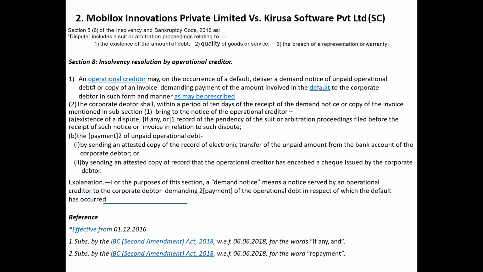So the first question is, suppose no suit has been filed and no arbitration proceeding is pending, still whether there could be a dispute? The answer is yes. And it says relating to the existence of the amount of debt, quality of goods or services, or the breach of a representation or warranty. So was there a breach of representation or warranty? The answer is yes, in view of the circumstances which I have told you.